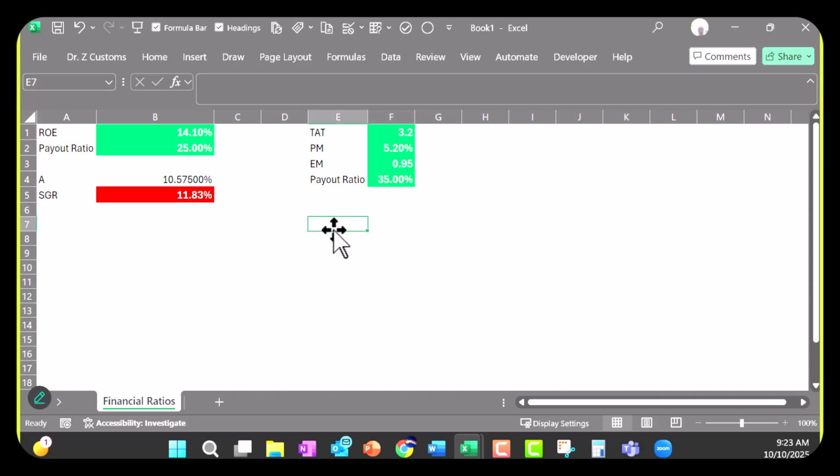And I'm looking for SGR, right? So let me copy these just for their formatting. Once I calculate A, the rest will come up. But what do I need to calculate A?